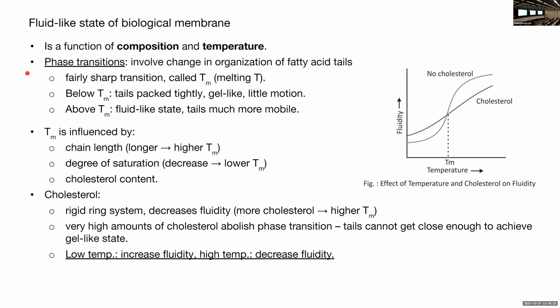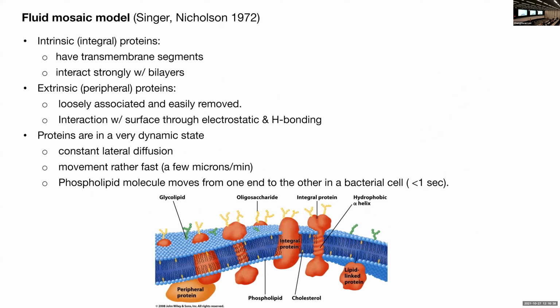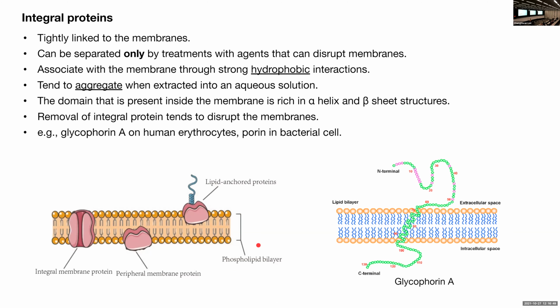And we talked about the phase transition, how it can happen around the melting temperature, how the melting temperature is affected, and how the addition of cholesterol affects this fluid-like state of the biomembrane. And we also talked about the fluid mosaic model, where all the proteins are stuck there, but kind of floating everywhere in Brownian motion.